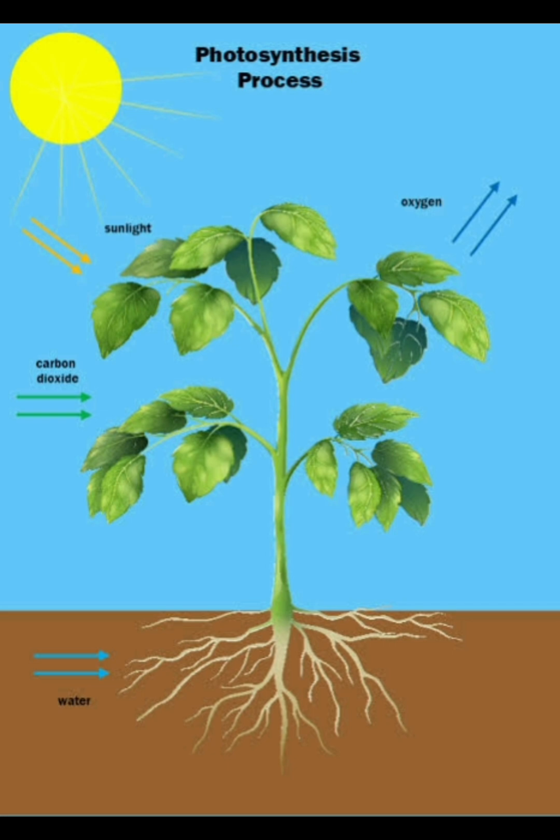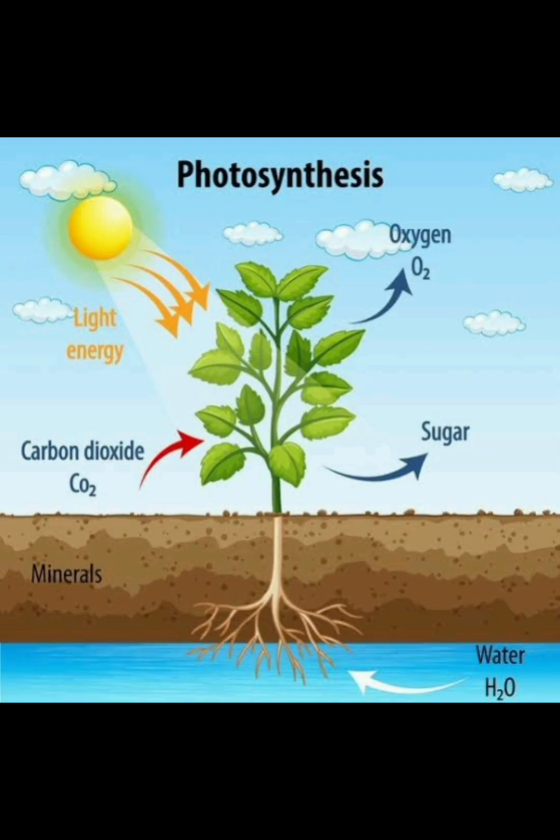Rubisco is the key enzyme for carbon fixation. ATP and NADPH generated in the light-dependent reactions are used to power the Calvin cycle. Oxygen is a byproduct and glucose is the primary product that plants use for energy and growth.